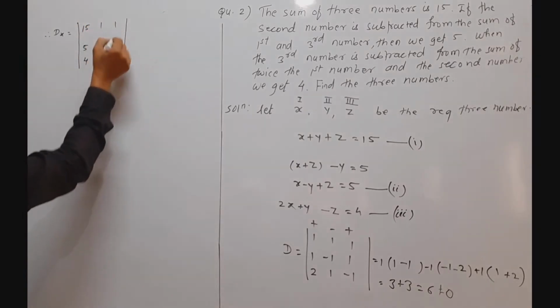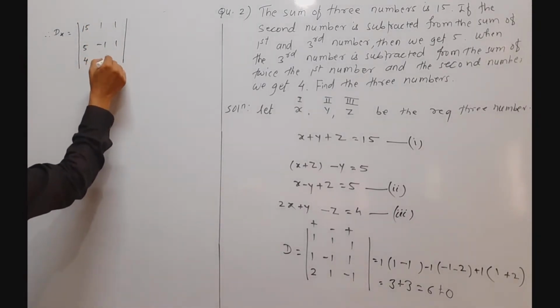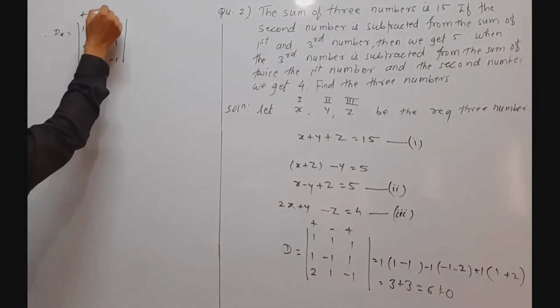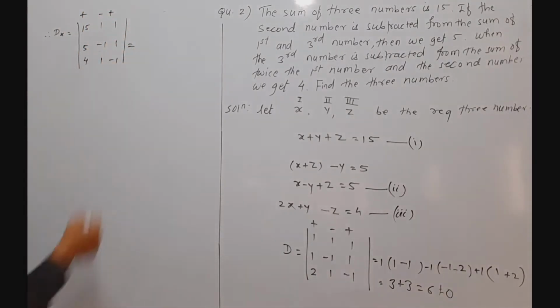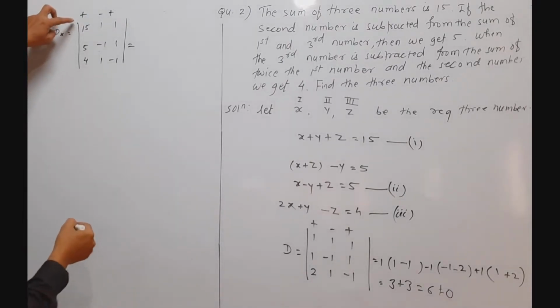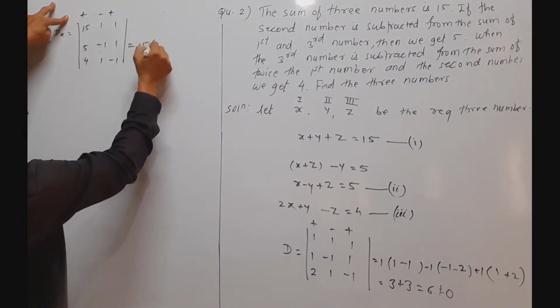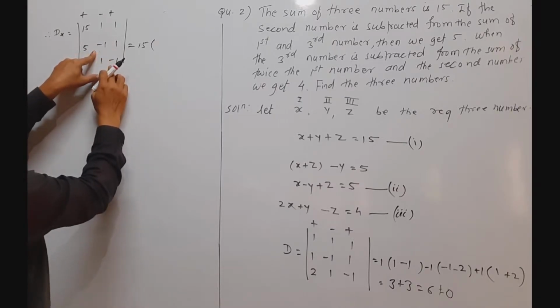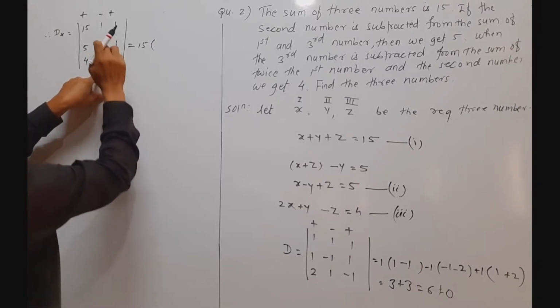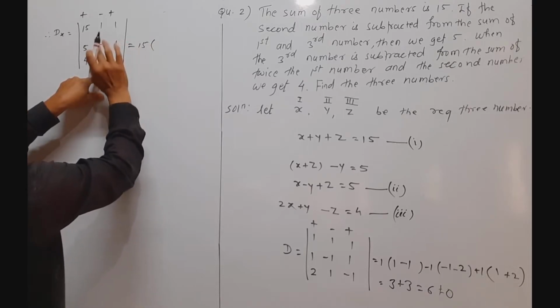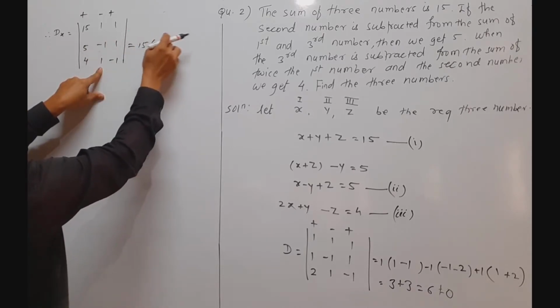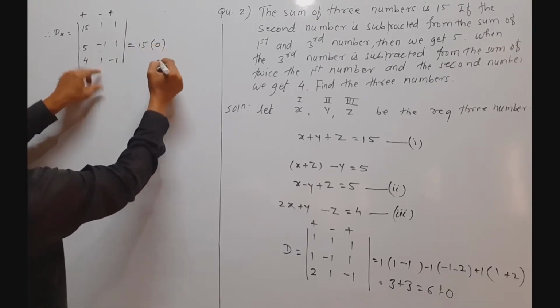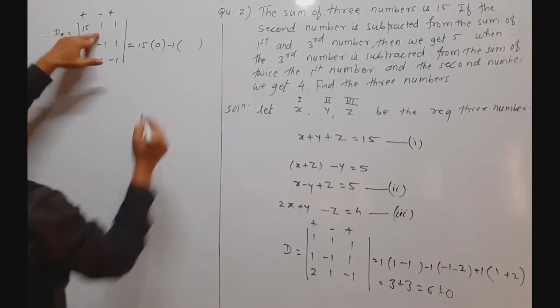So 1, 1, minus 1, 1, 1, minus 1, write here plus minus plus, which is equal to: 15 in bracket, minus 1 into minus 1, minus minus gets plus 1, minus 1 into 1 is, sorry, 1 into 1 is 1. So plus 1 minus 1 we get 0 here. Then minus 1 in bracket.